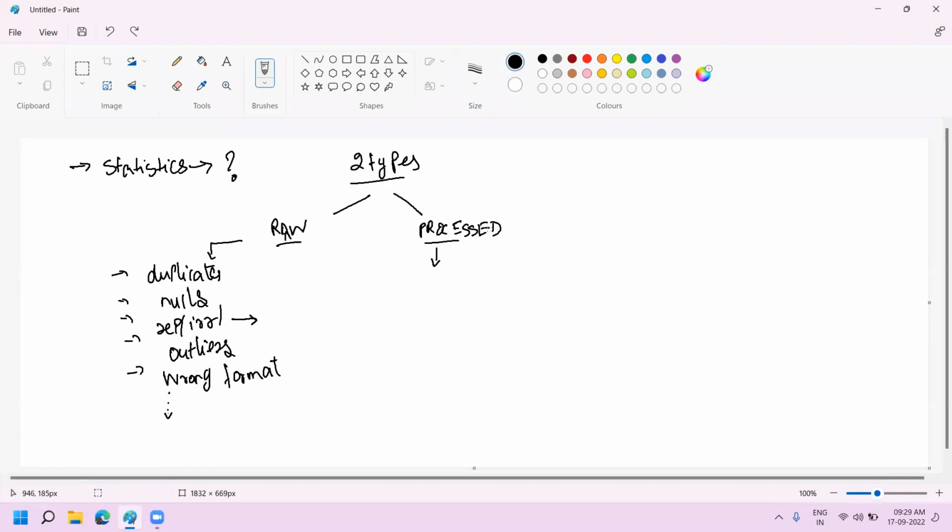A very simple example. I want to find the total cost of a product. Suppose I have quantity and rate. Quantity is 5, rate is 20. Then I also have a column called total, which is 100. Now which is irrelevant here?